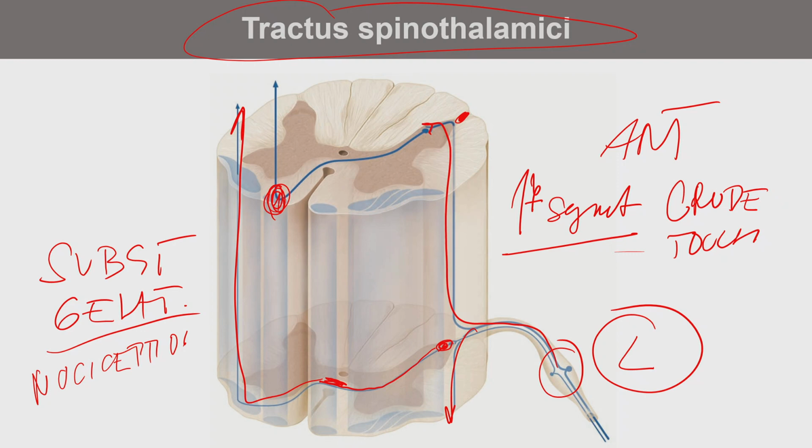So when the anterior fascicle or lateral fascicle is affected, you have problems with crude touch and pain feelings, but not with fine touch, because it is dorsal.